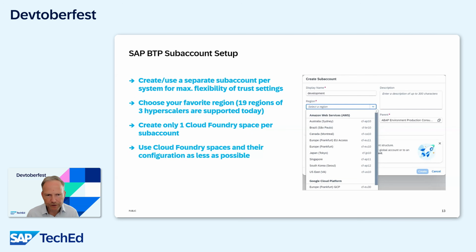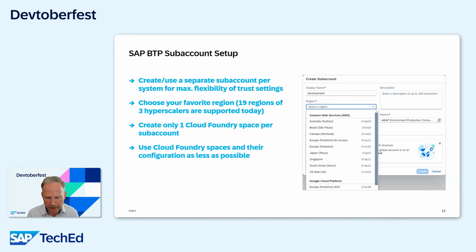So if it comes to the BTP account setup, we highly recommend to create a separate sub-account per system. So this gives you a maximum of flexibility, because an important setting is the trust settings. The trust settings control the IDP, so the identity provider, how the authentication to the Steampunk system works.